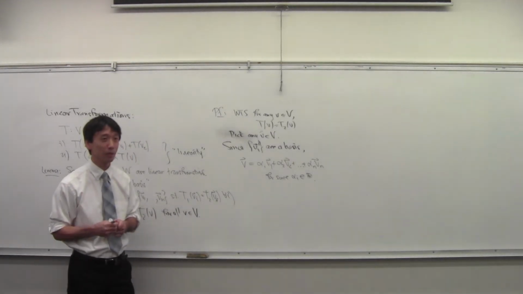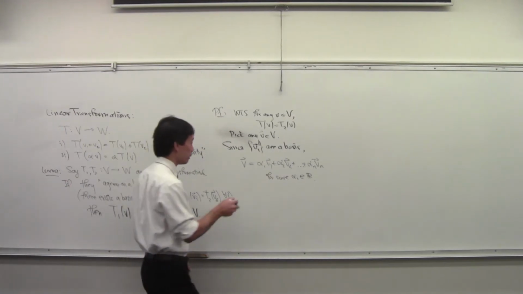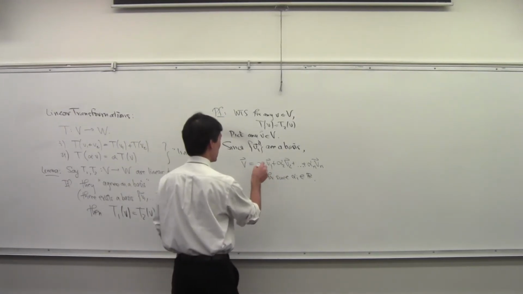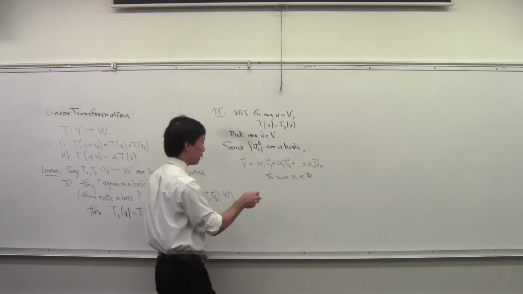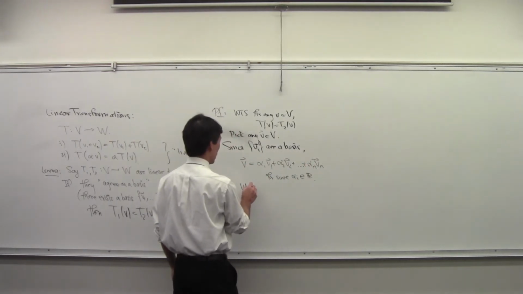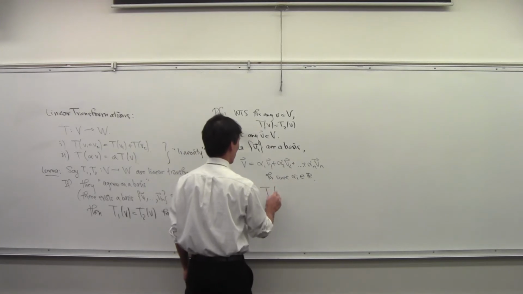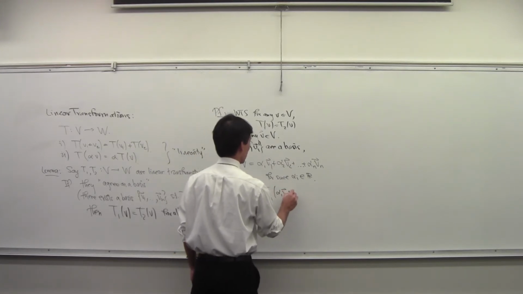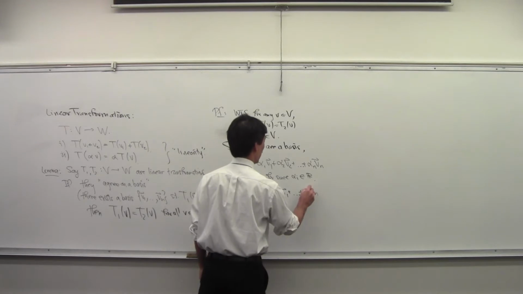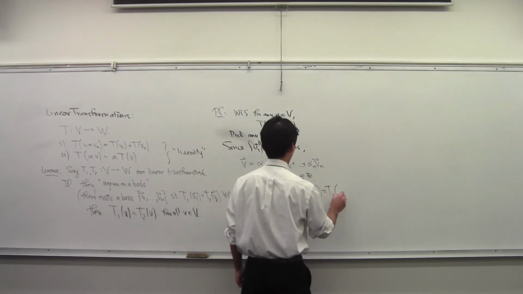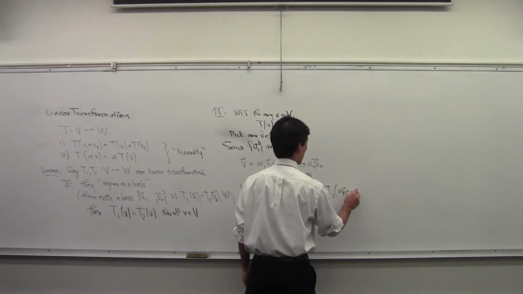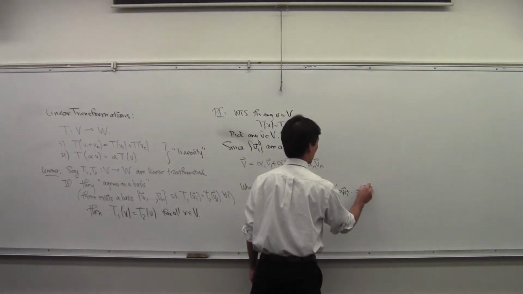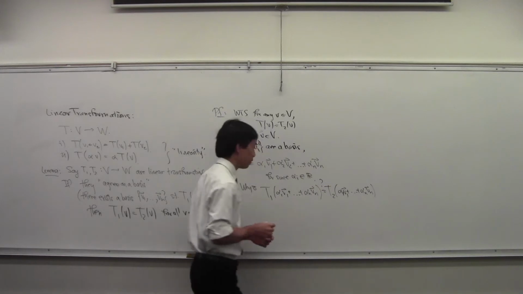Okay, so then we want to say, why is it true that T1 of V equals T2 of V? So why is T1 of alpha 1 V1 plus alpha n Vn equal to T2 of alpha 1 V1 plus alpha n Vn?